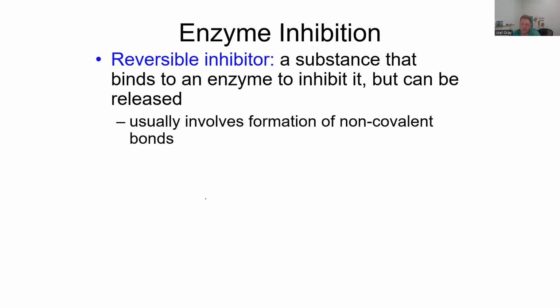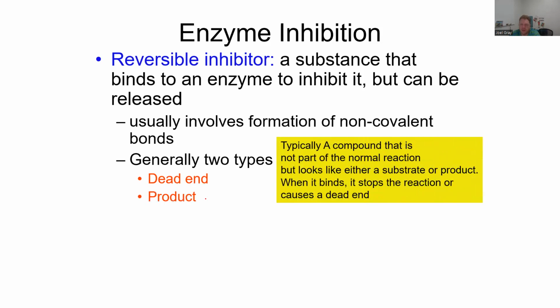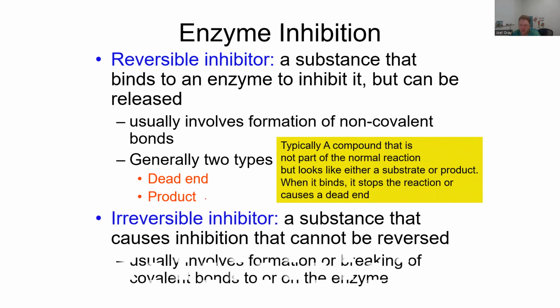So, or sorry, it can be released. So, yeah, reversible. We've got a non-covalent bond. Generally, there are going to be two types: dead end and product. Irreversible inhibitors, on the other hand, are substances that cause inhibition that cannot be reversed. And these are usually going to involve a covalent bond to or on the enzyme.